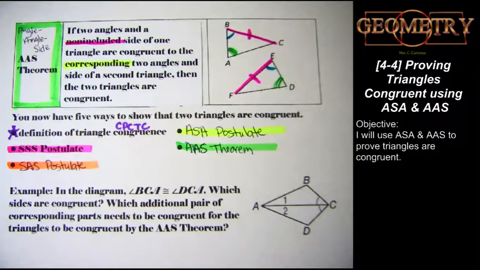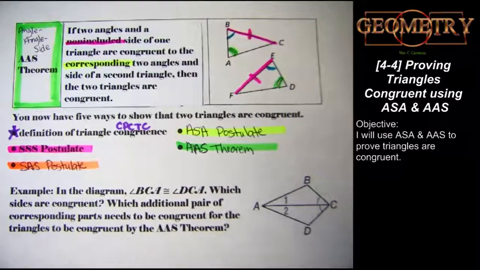But there's a difference between this theorem and the postulate that we just looked at. Where the postulate said 2 angles and the side between them, this one says 2 angles and the non-included side, the side not between the angles, congruent to the corresponding 2 angles and side of another triangle.